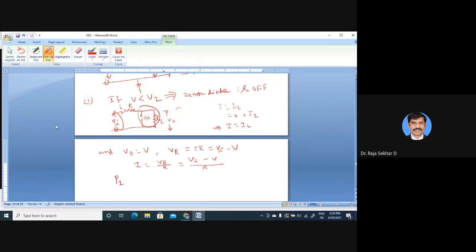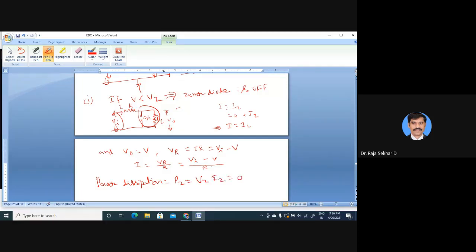Power dissipation. So what is the power dissipation here? Pz is equal to Vz into Iz.